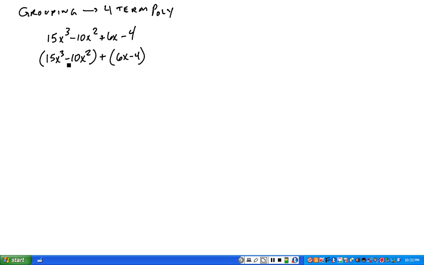If I look at my initial grouping, I have 15x to the third minus 10x squared, so I can pull out a 5 and an x squared for my GCF, because 5 goes into 15 and 10 coefficient-wise, and both terms have an x and the lowest exponent is 2, so I can pull out an x squared.